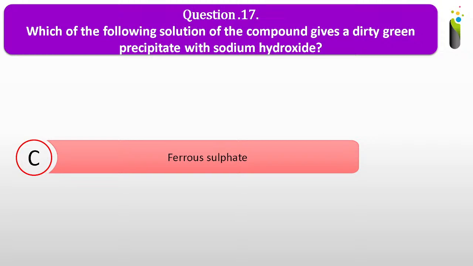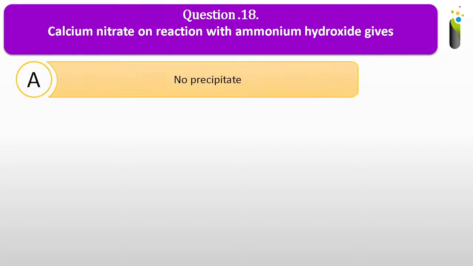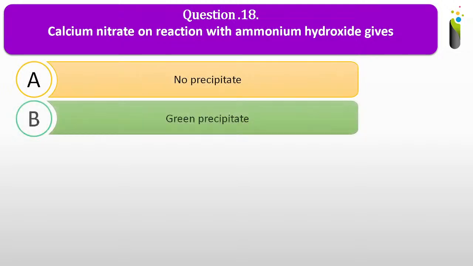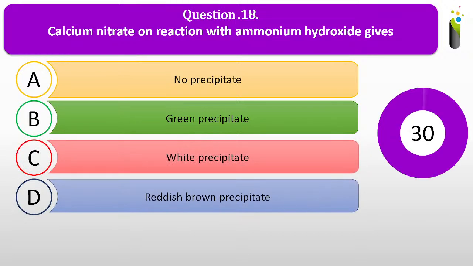So the compound that gives a dirty green precipitate with sodium hydroxide is ferrous sulfate. Question number 18. Calcium nitrate on reaction with ammonium hydroxide gives dash. A. No precipitate. B. Green precipitate. C. White precipitate. D. Reddish brown precipitate.